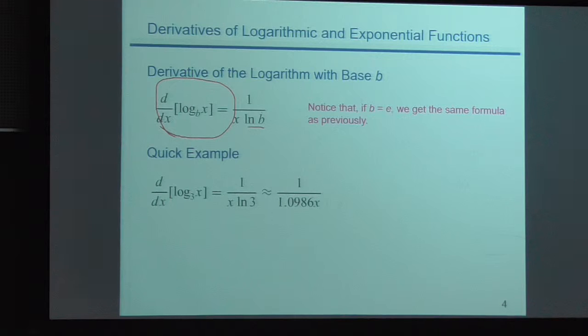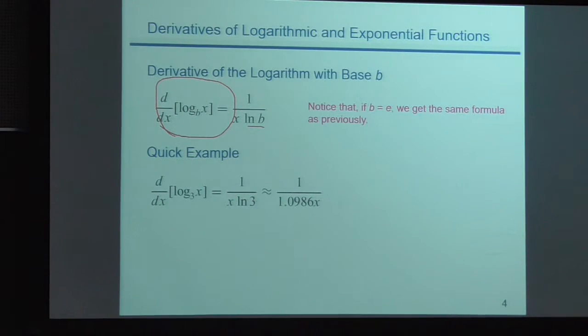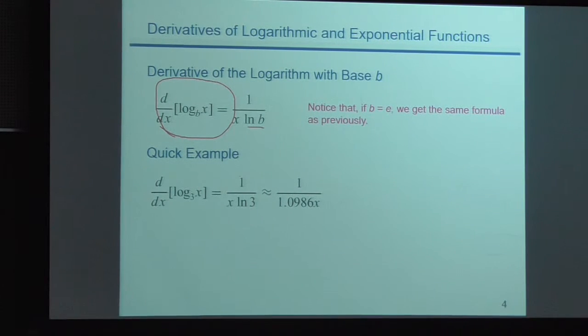The derivative for any base b is 1 over x ln of b. You can use this for any base b. So if you want the derivative for base 3, the answer is 1 over x ln of 3.